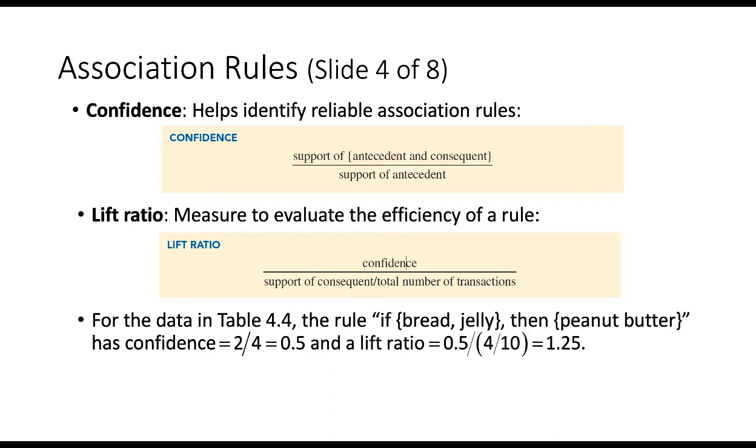However, a high value of confidence can be misleading sometimes. For example, if the support of the consequent is high, that is, the item set corresponding to the then part is very frequent, then the confidence of the association rule could be high, even if there's little or no association between the items.